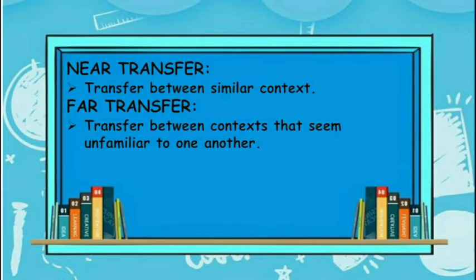Next, far transfer is a transfer between contexts that seem unfamiliar to one another. For example, a student learned to do clean and jerks in his weightlifting class and relied on his knowledge of vectors from geometry to visualize where the barbell should go.